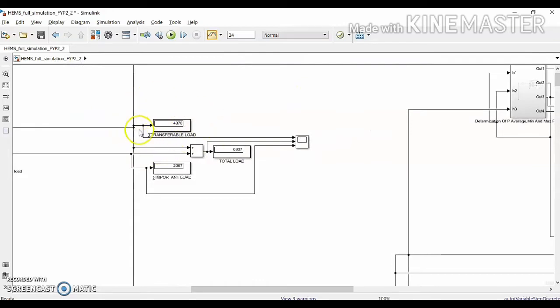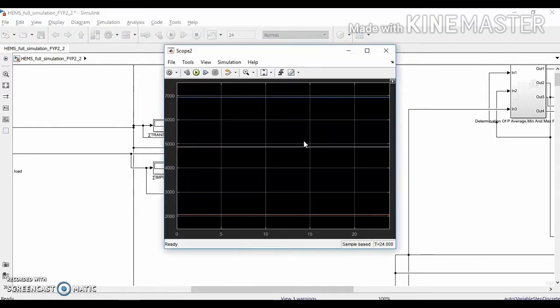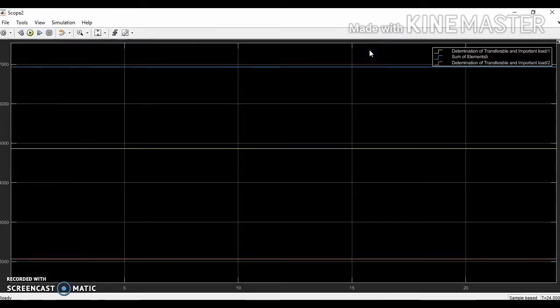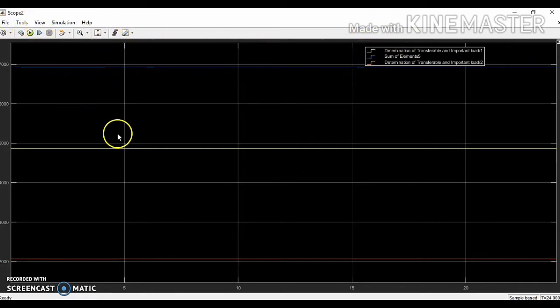The summation of the transferable load is 4870. The total load is 6937. The summation of the important load is 2067. We can see the graph for this one. This is the total load, this is the transferable load, and this one is the important load.